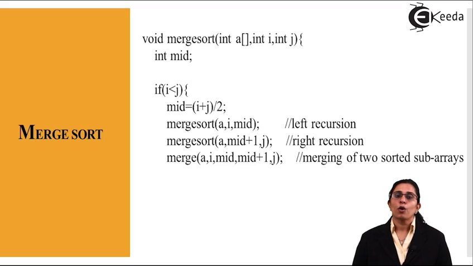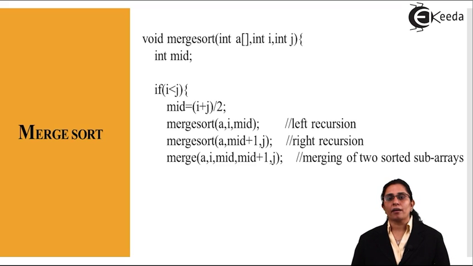So we pass 5 values to this function, and those 5 values are A, my actual array, that is my actual list, i, my initial value of the array A, then the mid that I have found in this particular function, mid plus 1 for the next array, that is the array C, and j, which is the size of my array or the last element of my array.